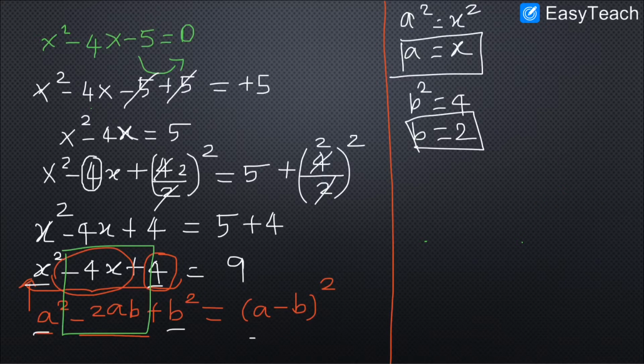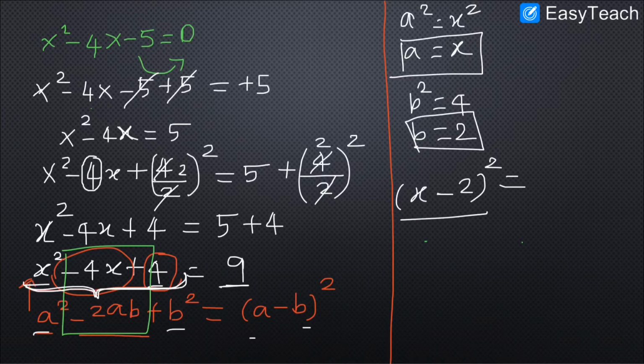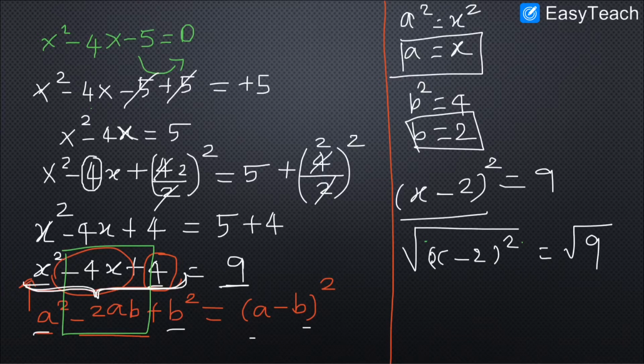In the next step, I am going to substitute the a and b values here, which is a minus b the whole square. a is x minus, for b we have 2, the whole square. The whole term we just converted into x minus 2 the whole square, which equals 9. 9 is as it is. To remove the square, take the square root on both sides, which means x minus 2 the whole square equals the square root of 9.